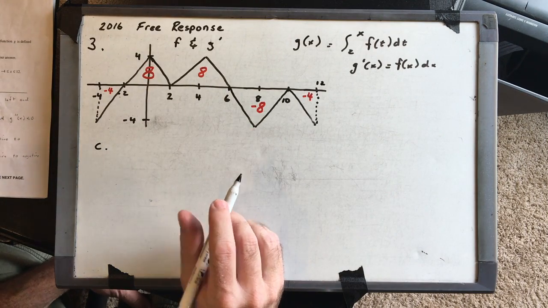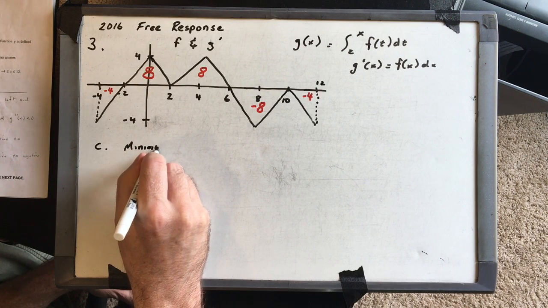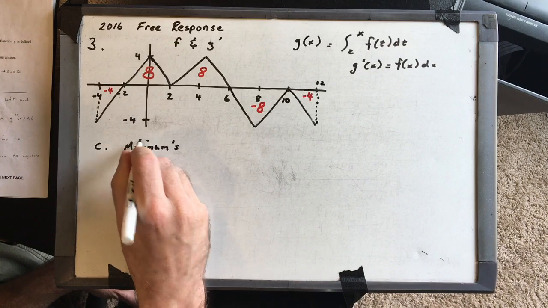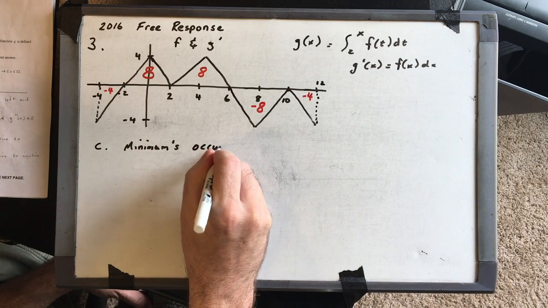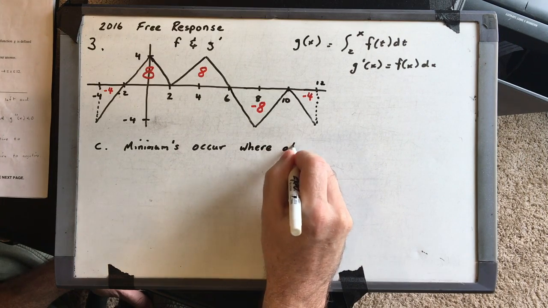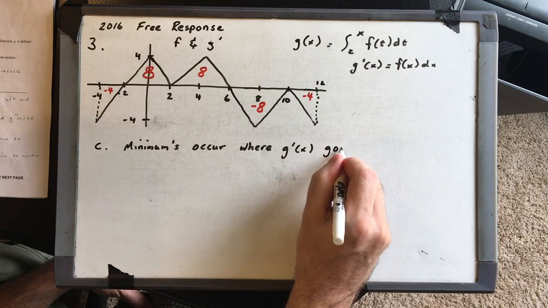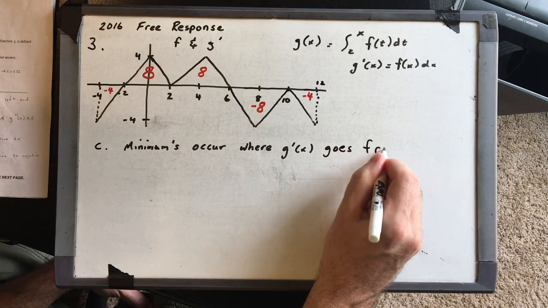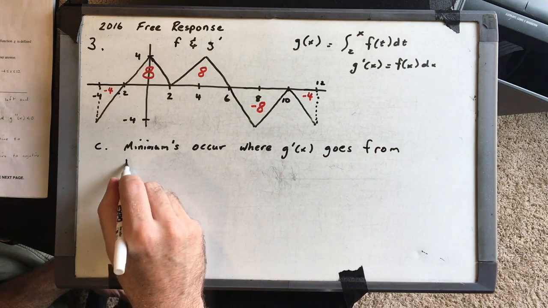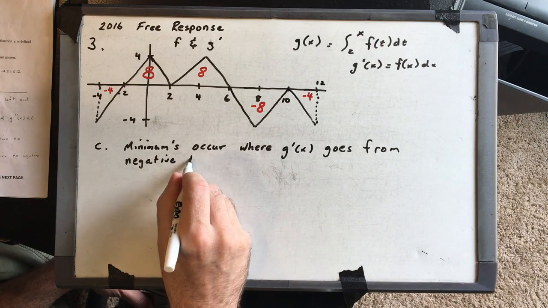Okay, so minimums occur where g prime of x goes from negative to positive.